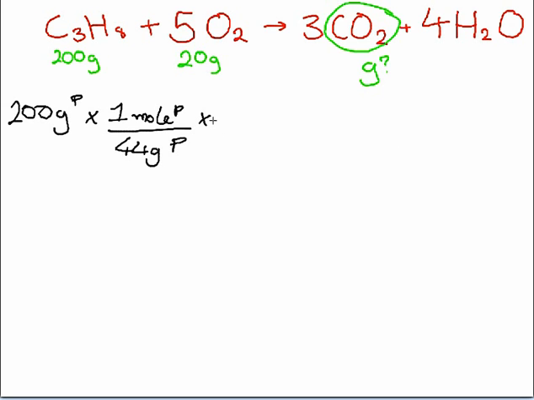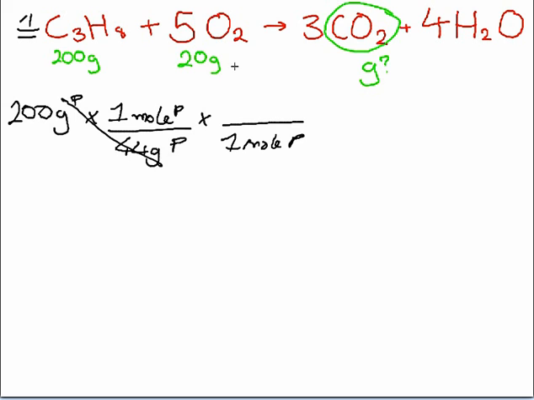So we need to put the ratio of the propane and the oxygen gas. To cancel out the propane, we need to put the propane here. So how many moles of propane do we have? We have one mole of propane.